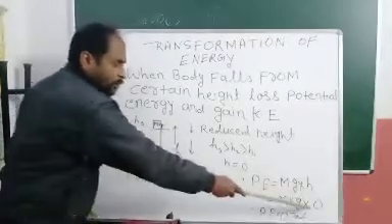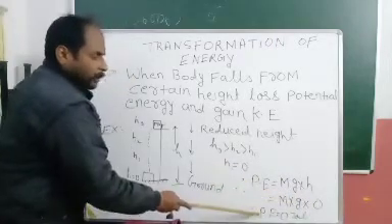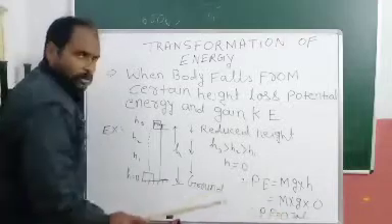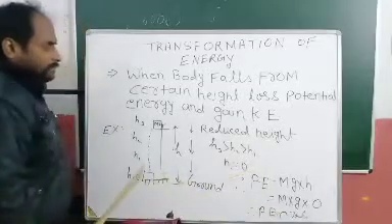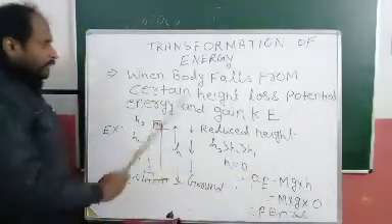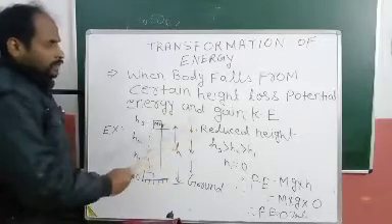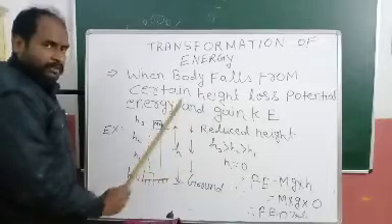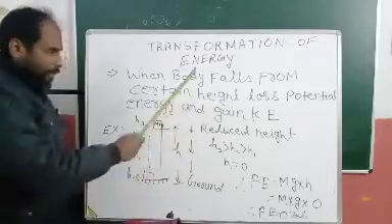Now putting the value of h as 0, the potential energy is completely 0 joule. In this situation potential energy reduces but kinetic energy is gained. All the students please note down.